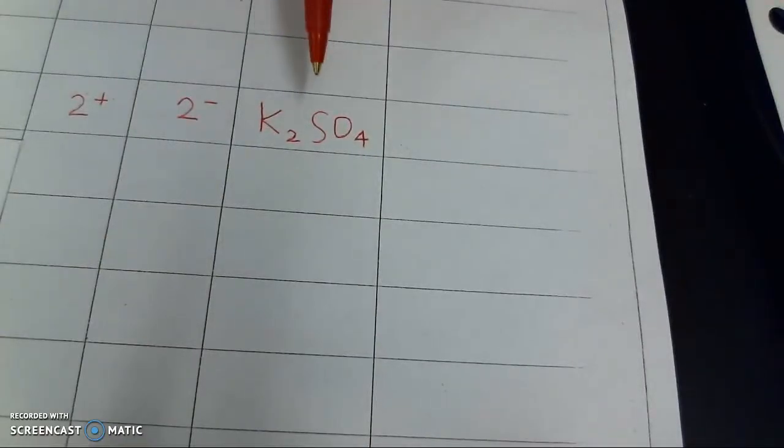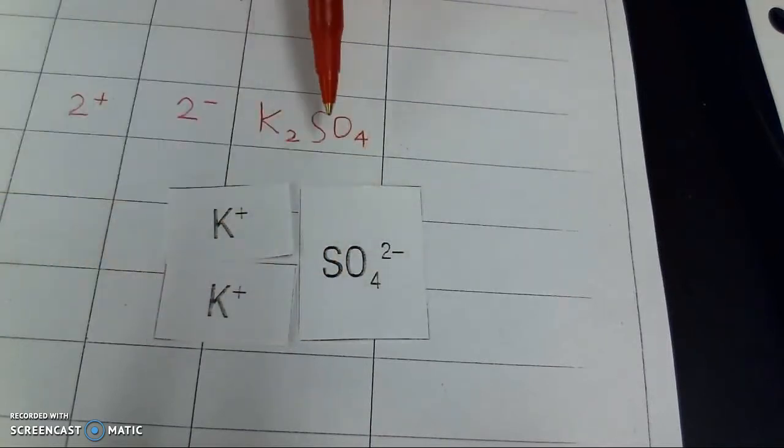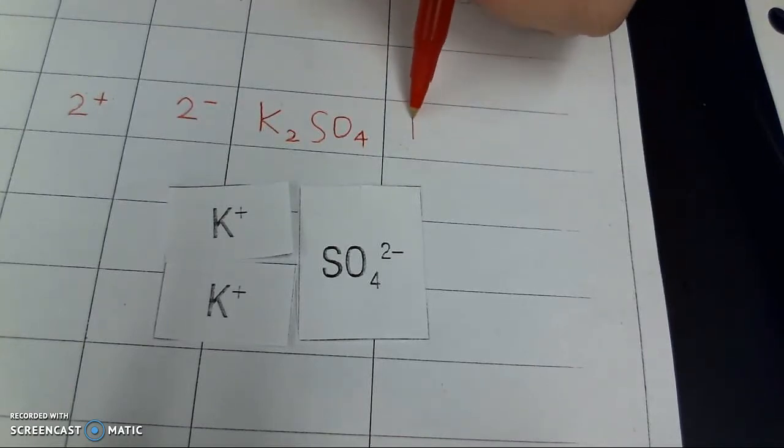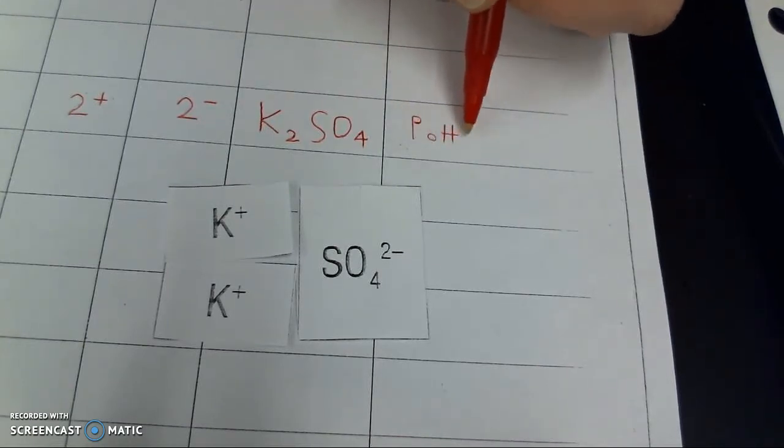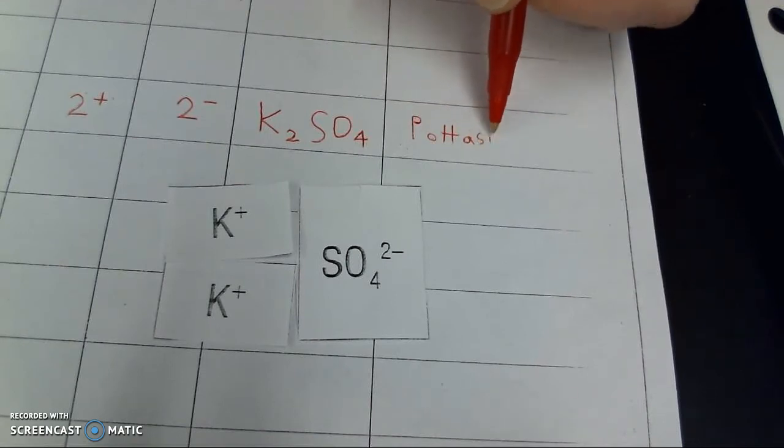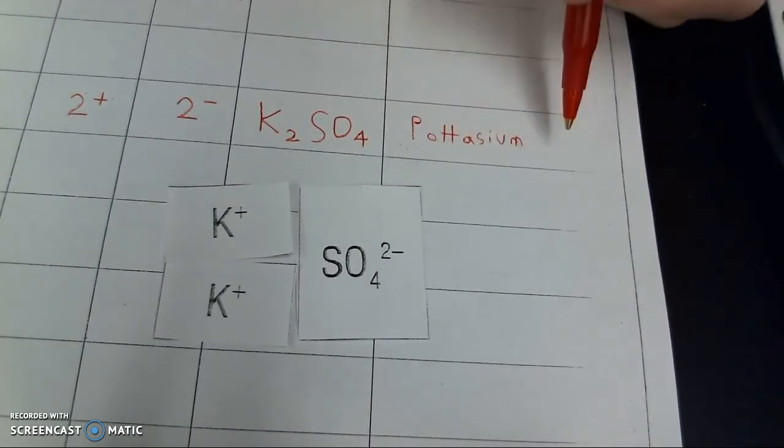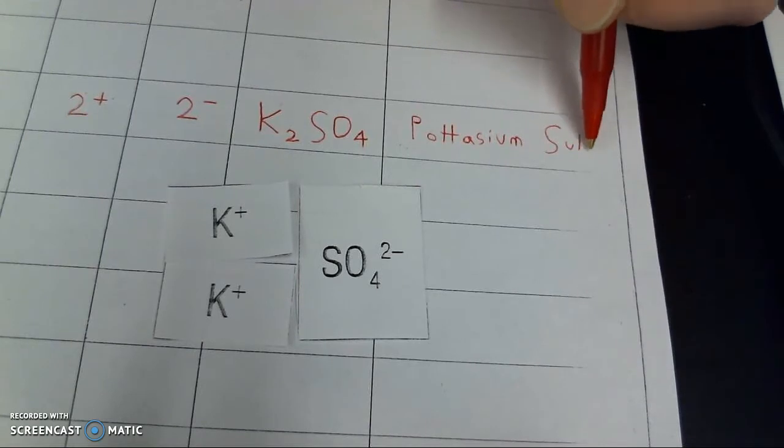We have 2 potassiums and 1 sulfate unit. This whole unit acts together, and that's what's shown here on this formula. So this is called potassium sulfate.